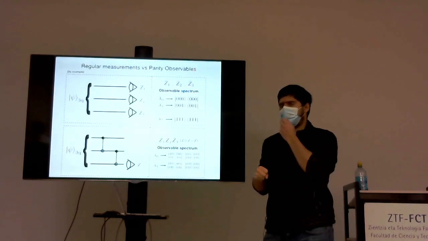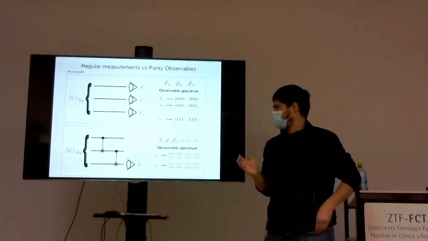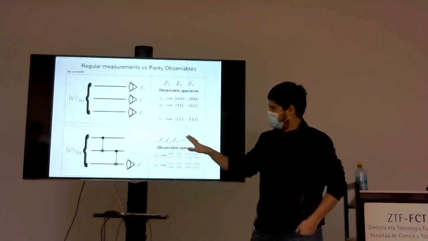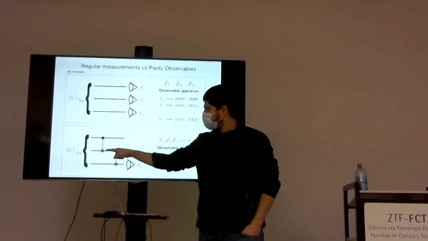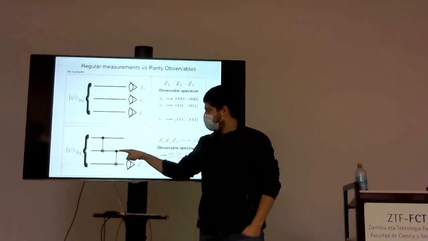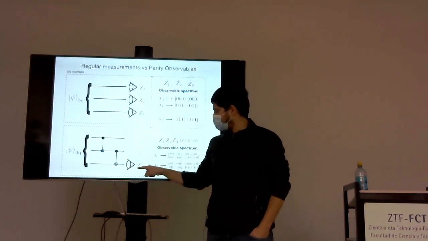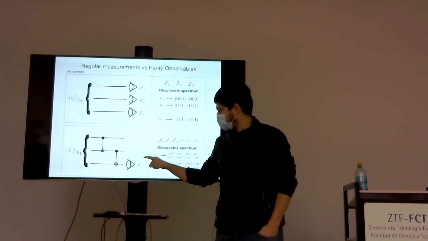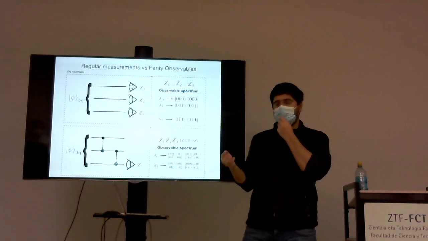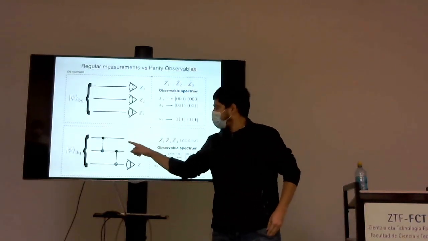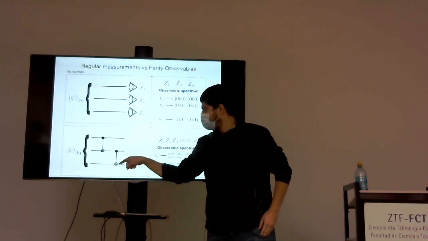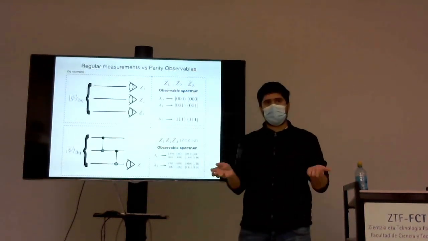A parity observable, however, only has two different outcomes. It would be like performing this on this circuit. So for example, a control node from the first to the second one, a control node from the second one to the third, in such a way that when you measure this last one, if you have an even number of ones, you get a +1 as eigenvalue. And if you have an odd number of ones in total in your qubits, you get a -1 as eigenvalue.